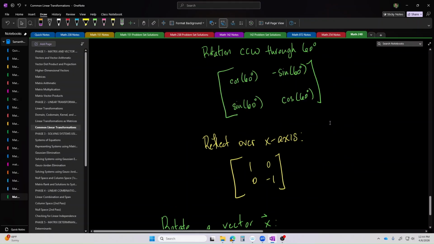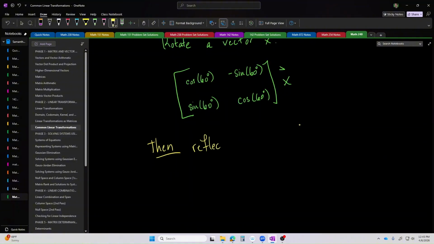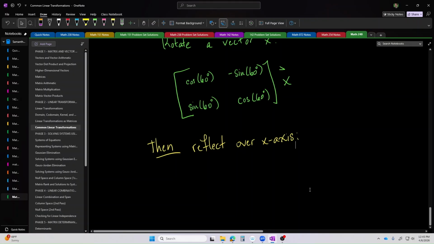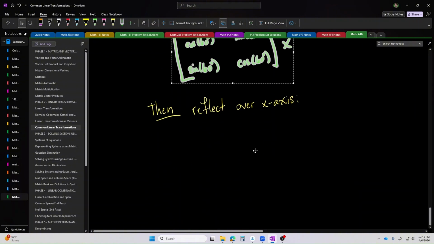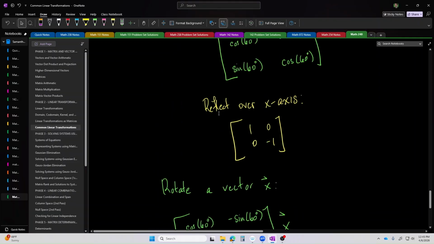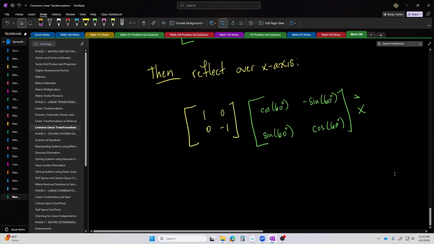If I wanted to subsequently reflect over the x-axis, I would take the result of this first calculation and I would multiply it on the left again by this reflection matrix.